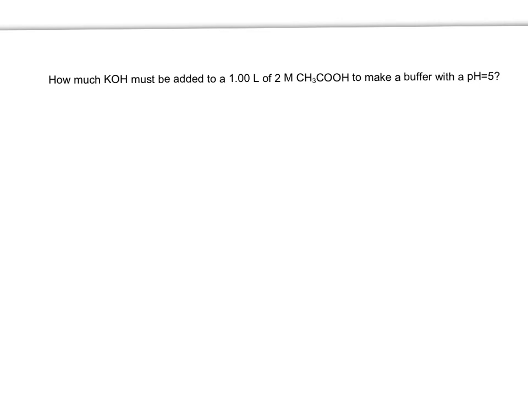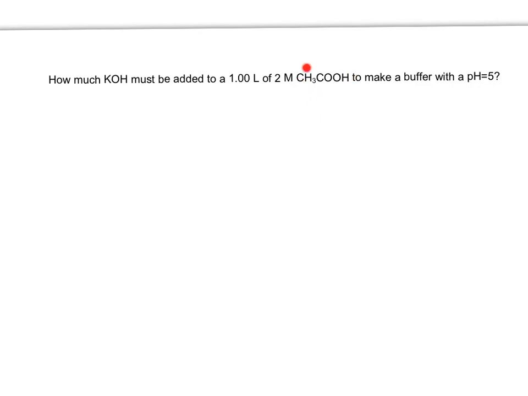When I first read this question, it really bothers me because it's asking how much potassium hydroxide I'm adding to acetic acid to make a buffer with a pH of 5. What's a buffer? A buffer is a weak acid and its conjugate, or a weak base and its conjugate, right? So I have a weak acid here, but I don't have its conjugate anywhere.